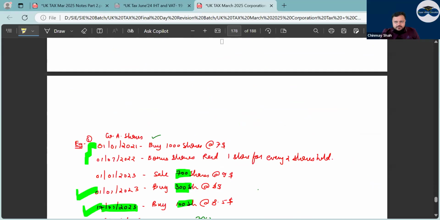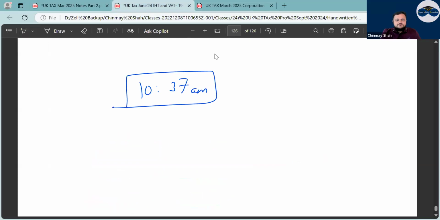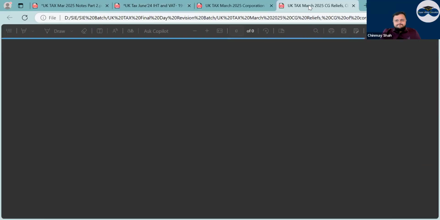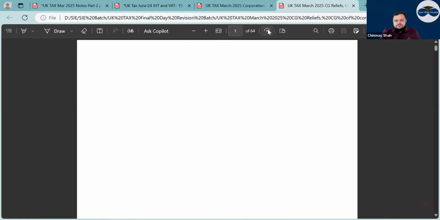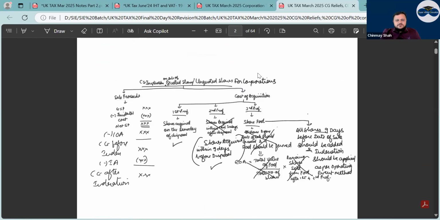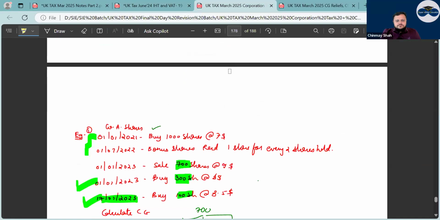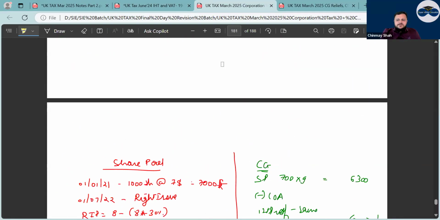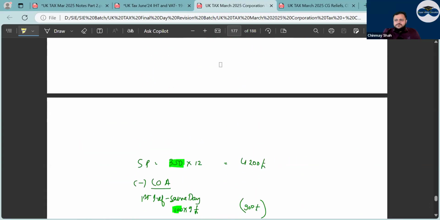We have another sheet for CG implication of shares and securities for companies. First, you can do individual's share pool. I think it is available here. Correct. Chalo, we'll do it after break.